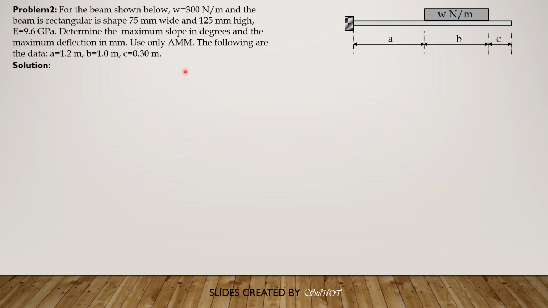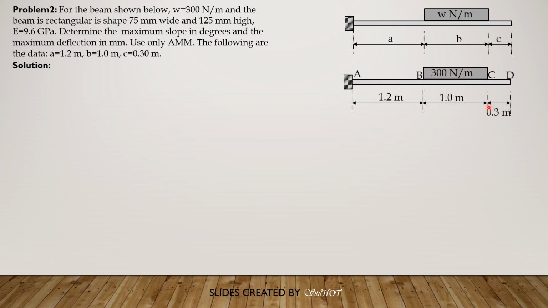So because we are required to solve this problem by area moment method, we select this fixed end, fixed wall as our moment center. But we substitute the values of the data, A, B, and C, and the load. So first, let's have the moment diagram by parts.